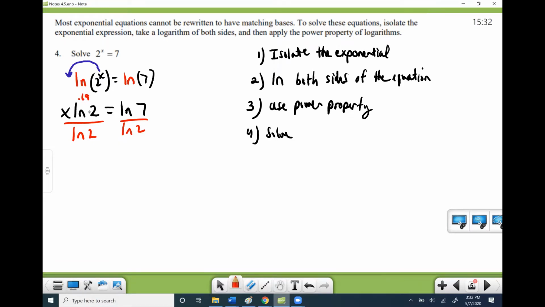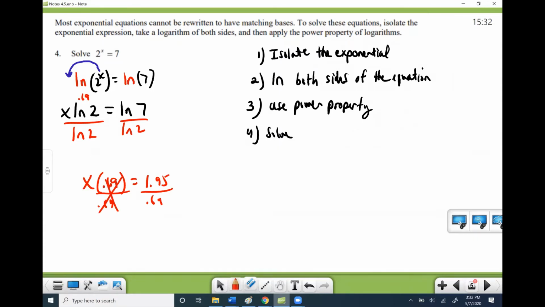So if you think of them as 0.69, like x times 0.69, and equaling some other number, let me see what natural log of 7 is on the calculator really quickly. It's like 1.95-ish. Wouldn't you just divide by the 0.69 to both sides to get rid of it? And then it would cancel out.